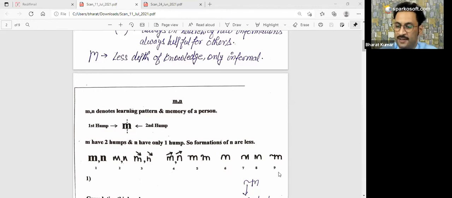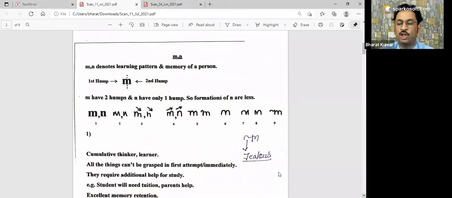Now check type 1 of M. These are cumulative thinkers, cumulative learners, meaning they learn, they practice, they learn, they practice. What is the problem with these people? They cannot grasp anything in one instance.